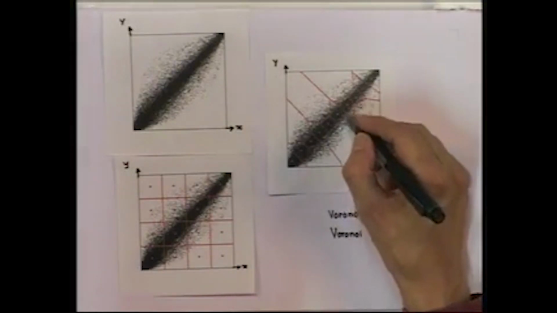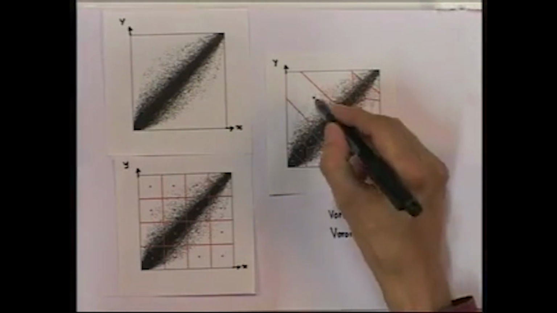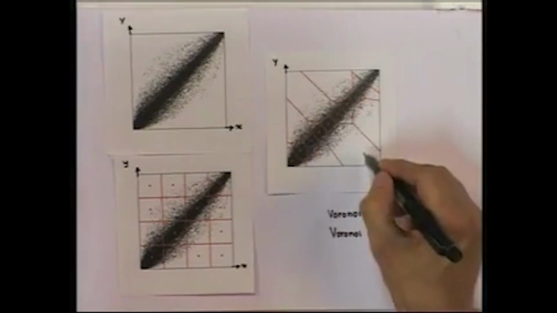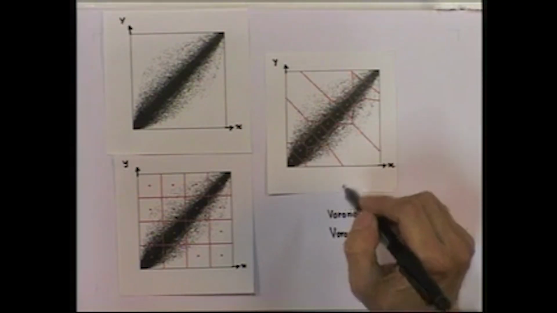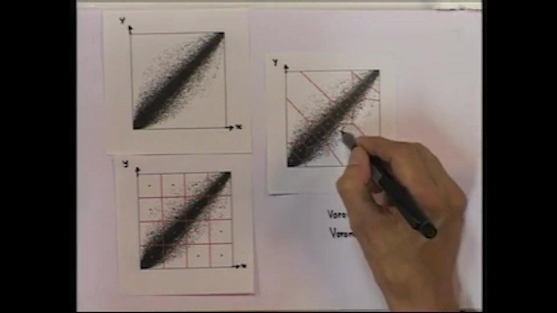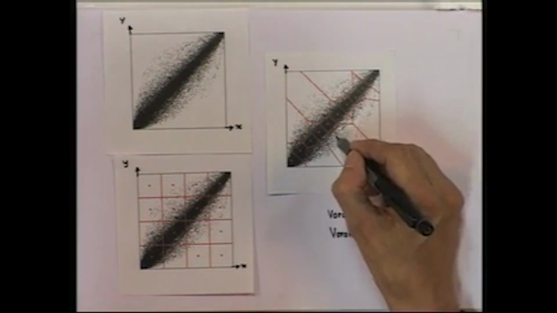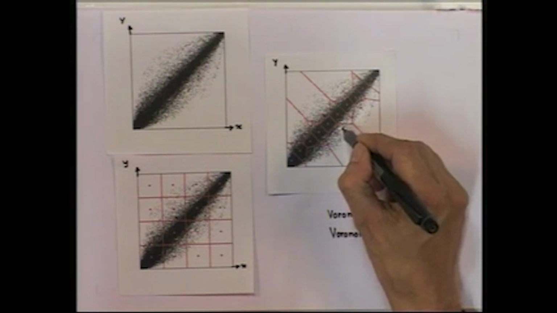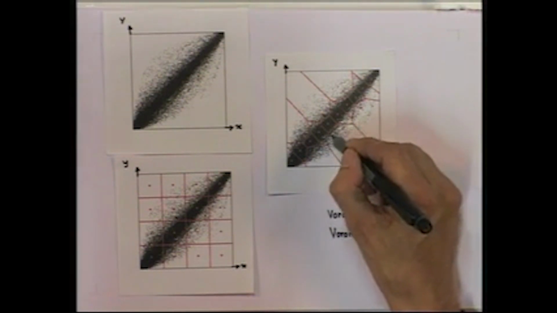No codebook vectors are wasted on unpopulated regions, and inside each cell the codebook vector is optimally placed with regard to the local input vector density.